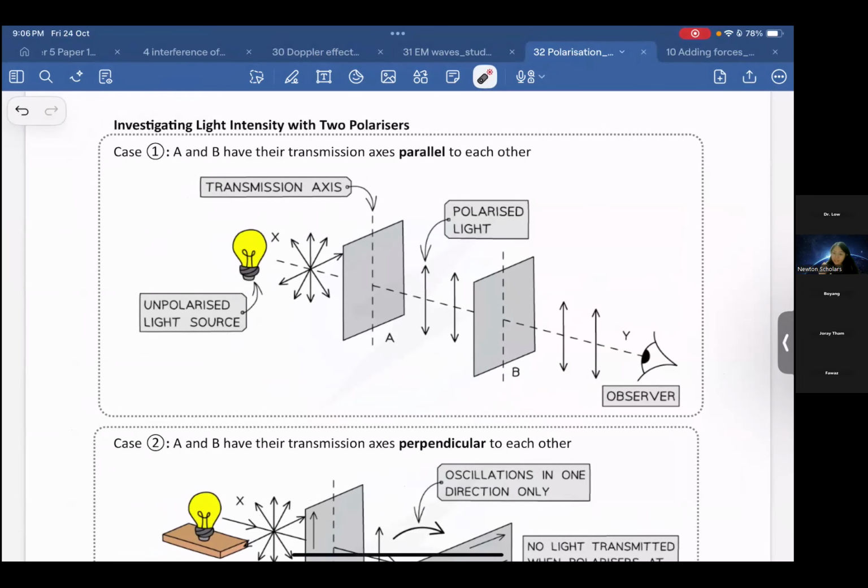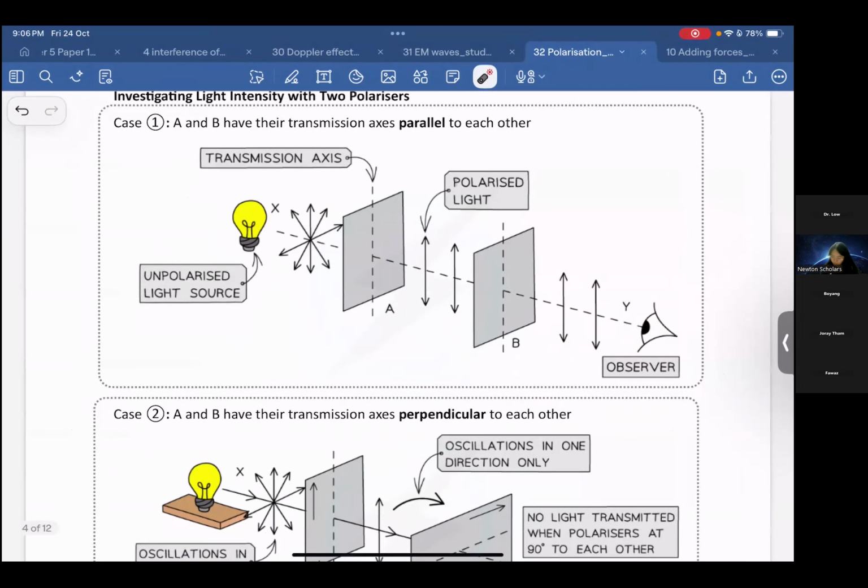Light intensity, we can also use two polarizers. At the start, we have many directions, polarized in all directions. After passing through the vertical filter, it only allows these directions of light to pass through. Then this one is also vertical, so it still allows the light to pass through. It is parallel, so it allows it to pass.